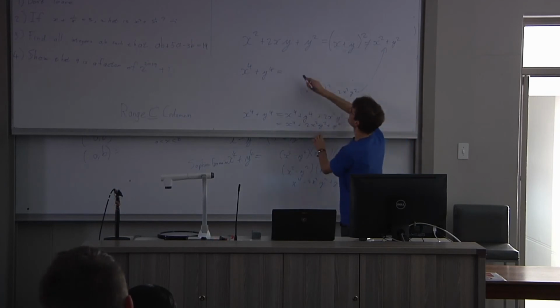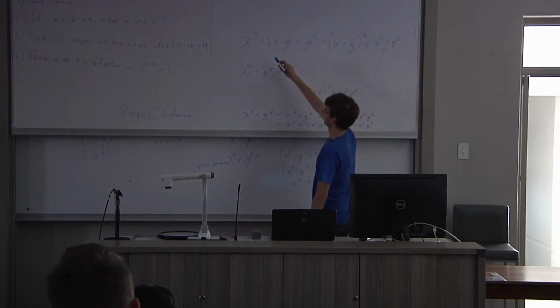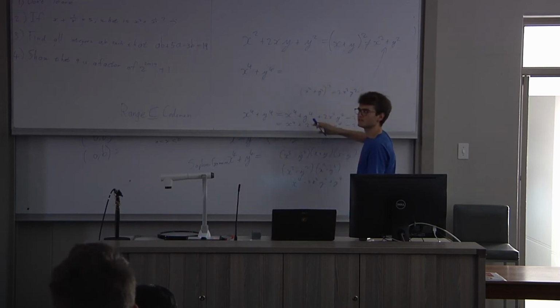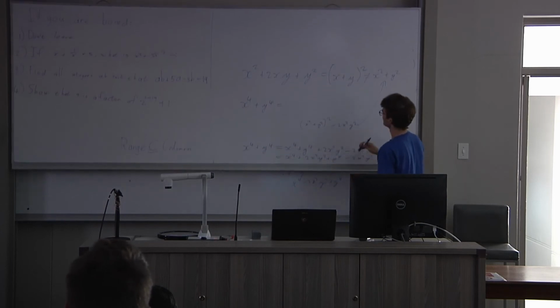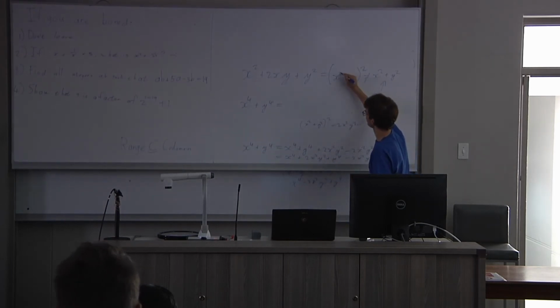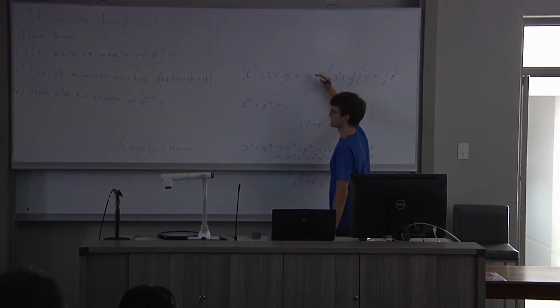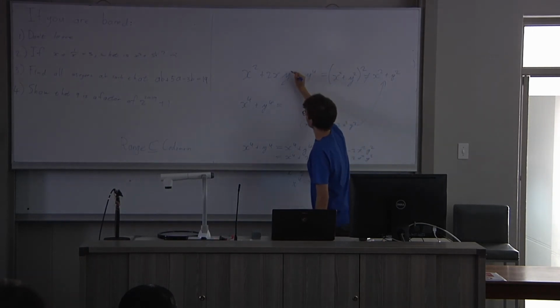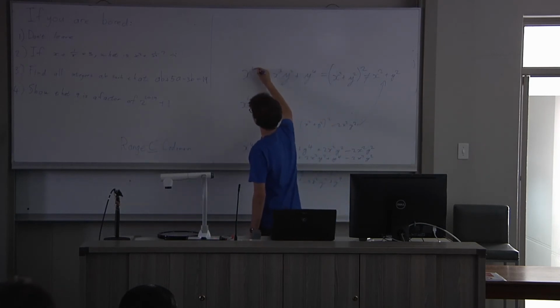If you look over here, we have x plus y all squared is x squared plus 2xy plus y squared. But there's nothing stopping you from putting this square over there, another one over there. And this becomes twice what it was, twice what it was, twice what it was there.